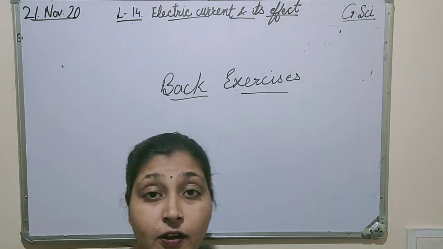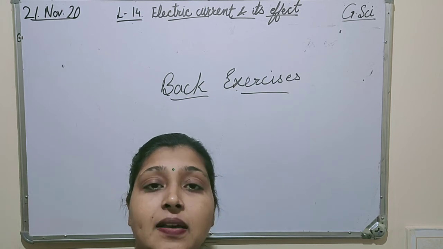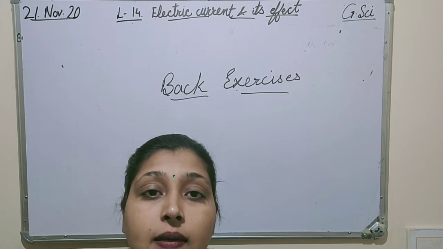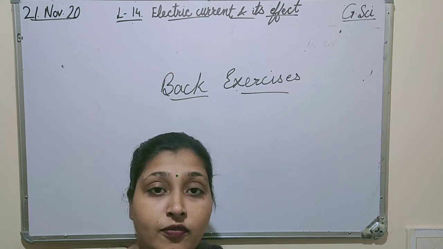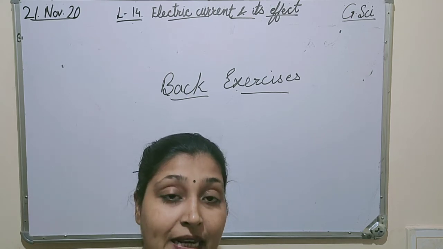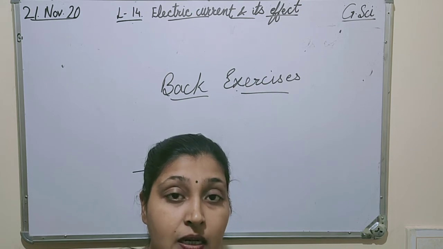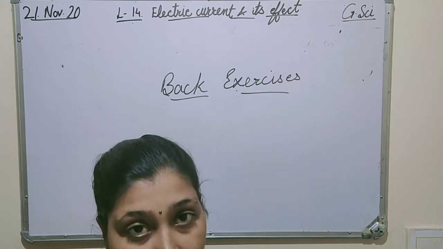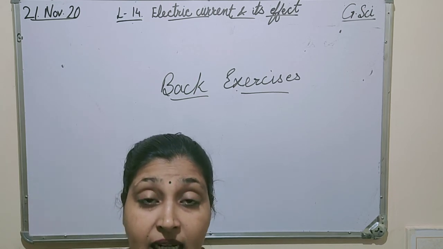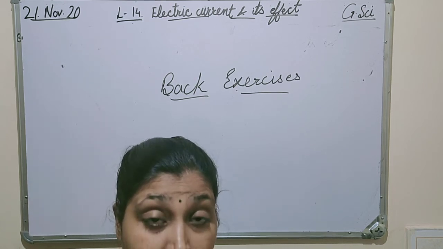Firstly, the bulb will not glow. Maybe she has not connected the correct terminals of these cells together. Firstly, she has to check that the positive terminal and the negative terminal of the other cell are connected. Secondly, she has to check the cell.